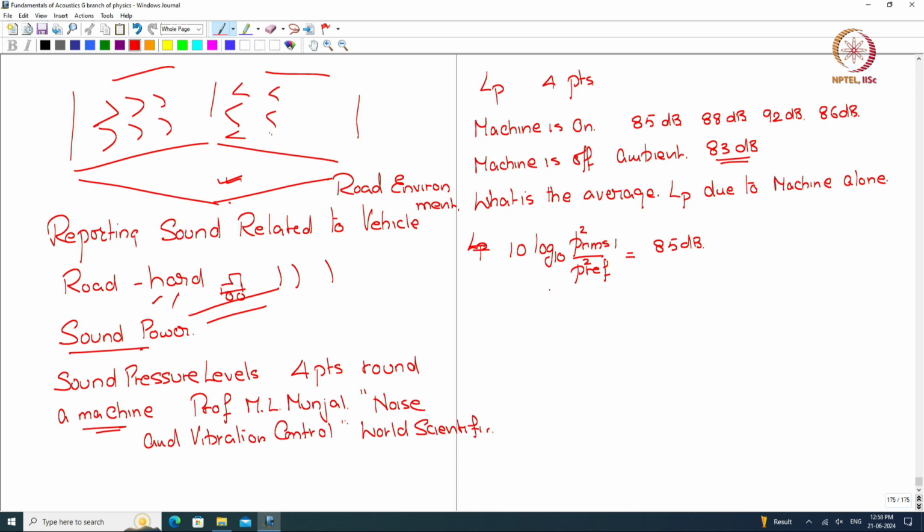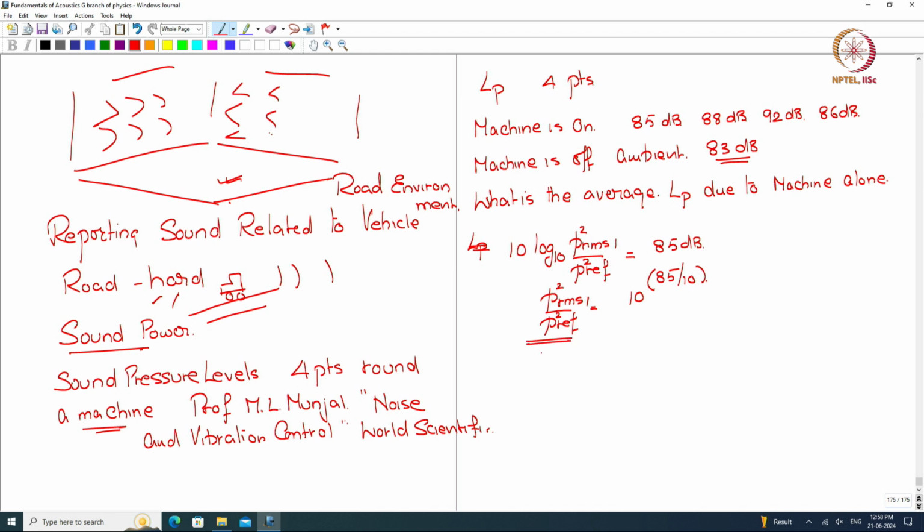So P square RMS by P square reference is 10 to the power 85 by 10 at the first location. So these are now raw numbers.